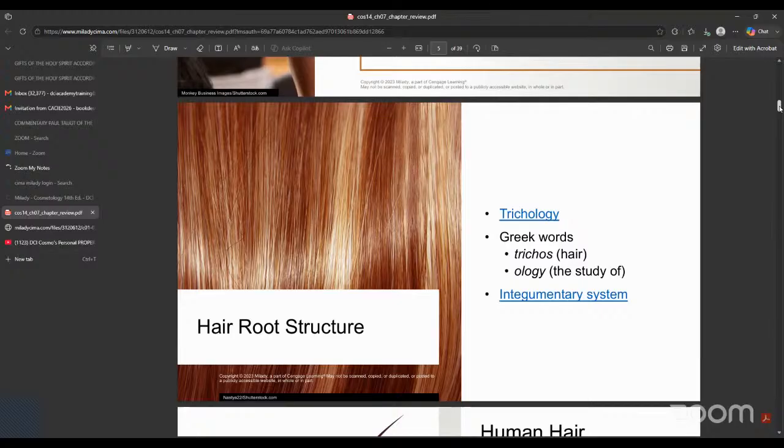And the trichologist is the doctor of hair. Okay. So you'll be working into a doctorate of hair as you want to study more about the hair root structure, the things that happen to it. And you have a big emphasis on why someone loses their hair, why their hair looks this way, why it acts this way, why it's not doing what it's supposed to be doing. You become that study expert.